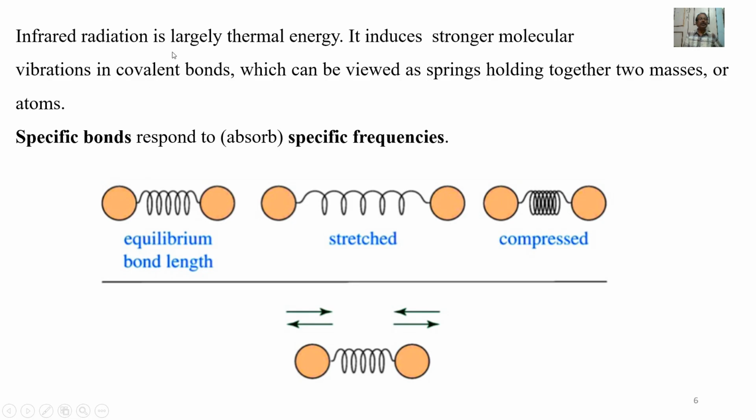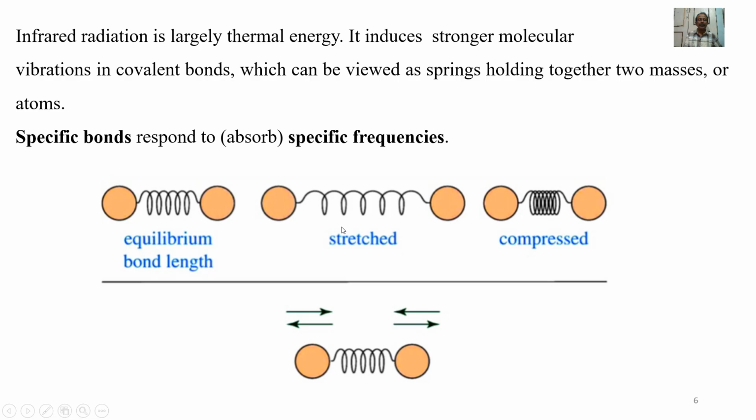Infrared radiation is largely thermal energy. It induces strong molecular vibrations in covalent bonds, which can be viewed as springs attached with two masses or two atoms, which are depicted in the figure. Specific bonds respond to, which is nothing but absorb, specific frequencies.